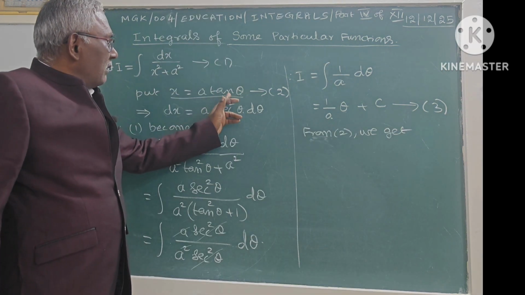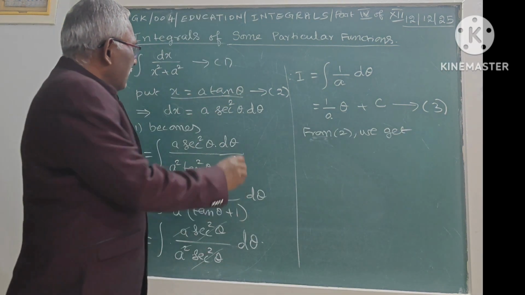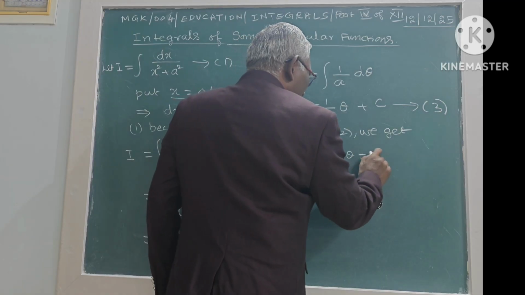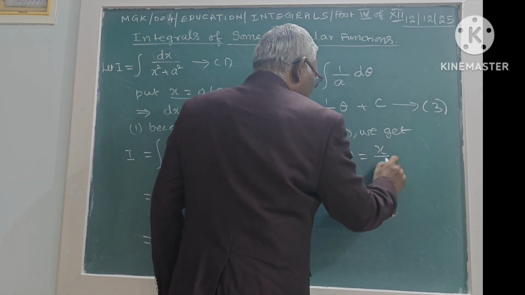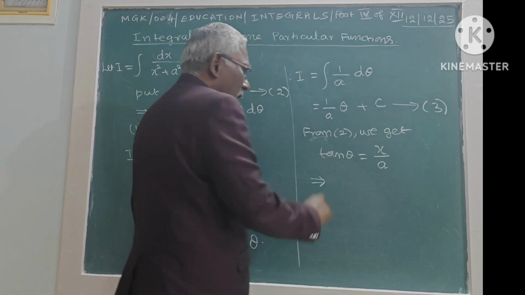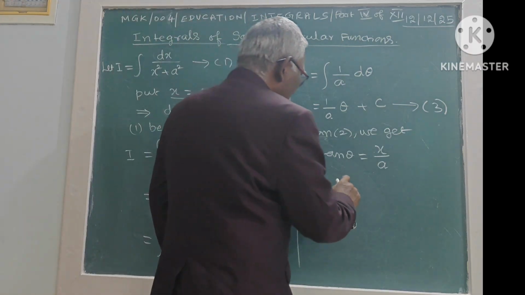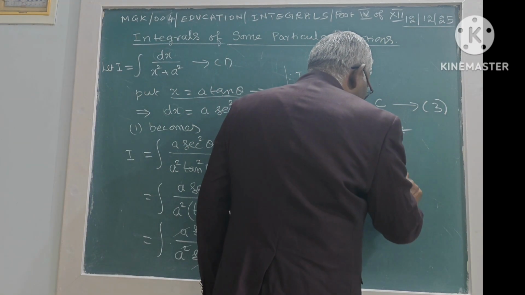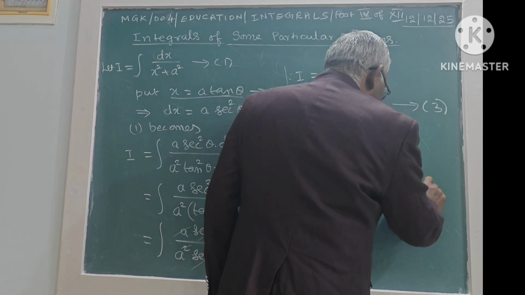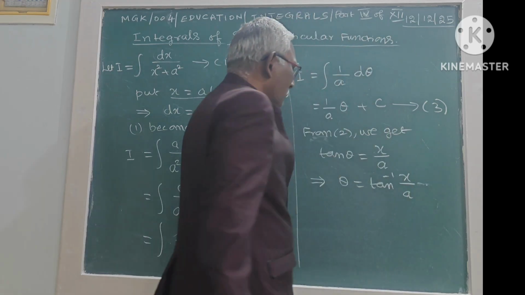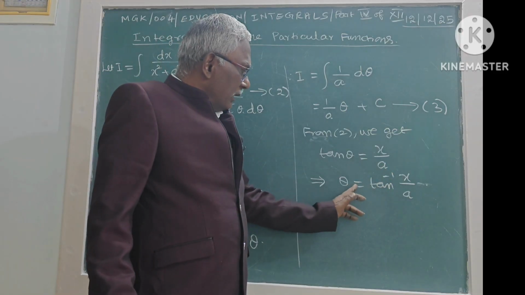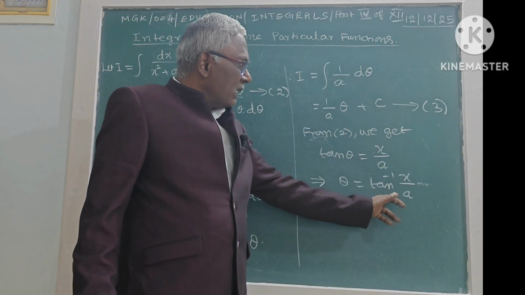So from 2 we get tan theta is x by a. From here you can get theta is equal to tan inverse x by a. Tan theta is x by a, theta becomes tan inverse x by a.